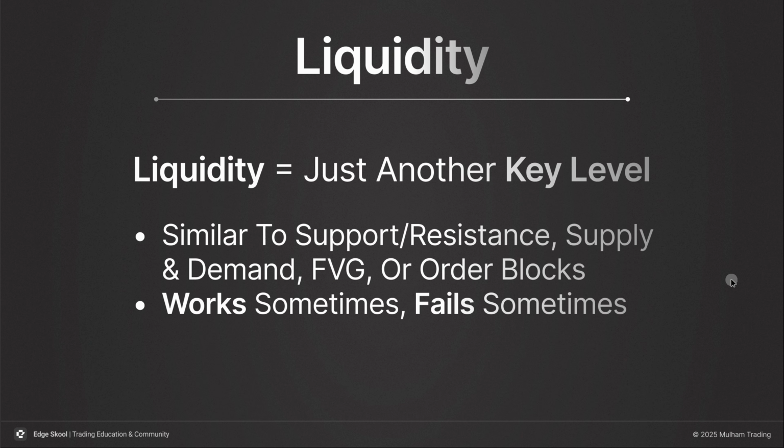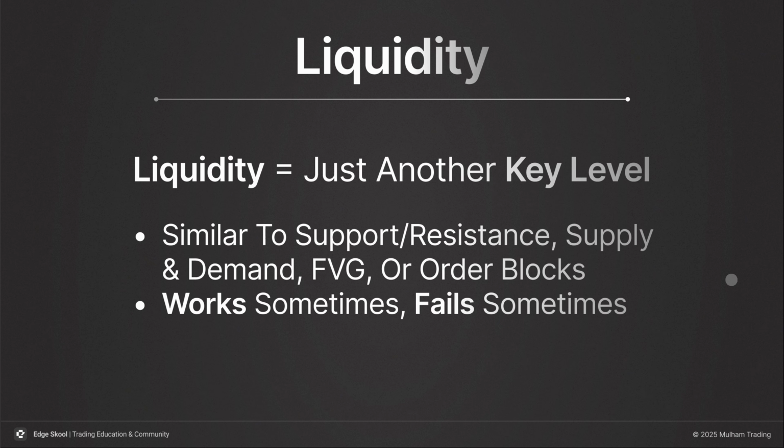Think about liquidity as just another key level, very similar to support and resistance levels, supply and demand levels, fair value gaps, order blocks, anything. These are all key levels and liquidity is one of them. It's one of the levels that, based on probability, we use. We don't know what support and resistance is.